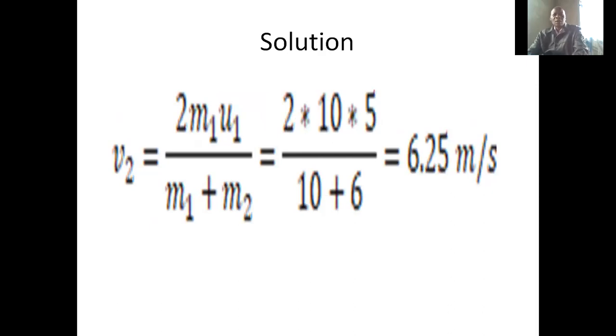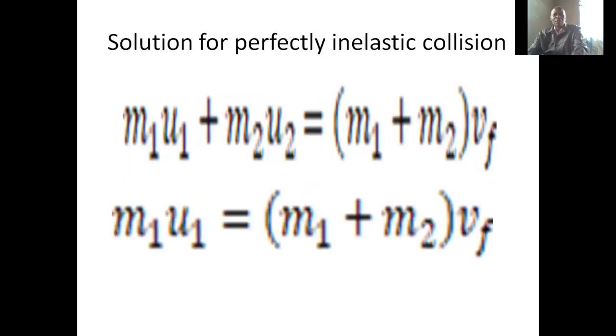And so now let's look at the second part of the question, where they ask us to find the velocity for a perfectly inelastic collision. You are aware that for a perfectly inelastic collision, the two objects stick together and move together with a common velocity. Merely what we do here is say that the momentum is conserved, but the kinetic energy is not conserved.